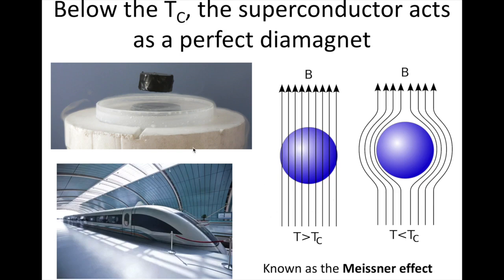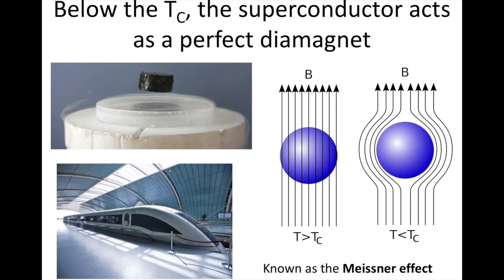And so you've probably seen this one. This is the one that has all the nice pictures and so forth. In the top image here, I'm showing a superconducting pellet. It's in liquid nitrogen, so it's below the critical temperature. And above that, levitating, is a magnet. It's levitating because it's expelling that magnetic field, and that results in a force on the magnet to repel it from the superconductor.